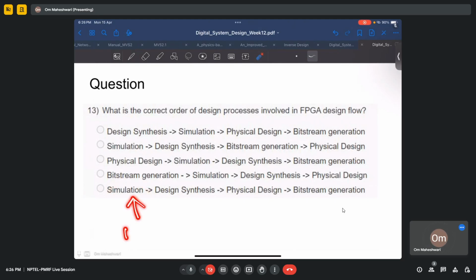This is like our Verilog. Then we do a design synthesis. Then the design synthesis output is sent to the physical design. Physical design then generates a bit stream, which we send to the FPGA.